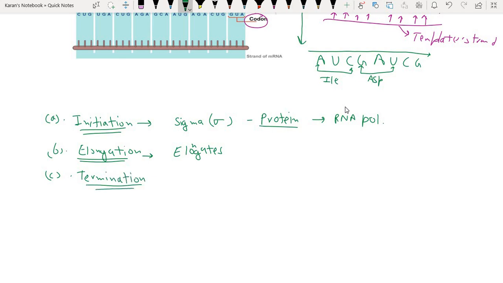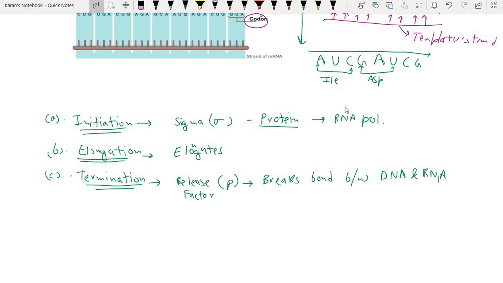In this termination process, another factor, which we call the release factor, RF, that is the Rho factor, breaks the bond between DNA and RNA, and the RNA gets released.